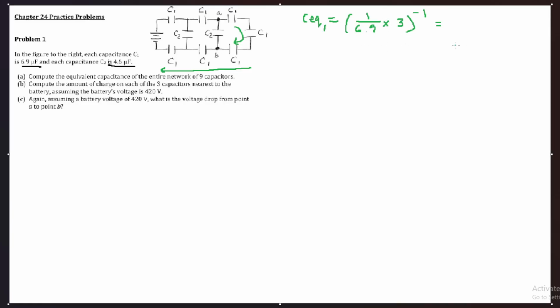When we do this calculation, we should end up with 2.3 microfarads.